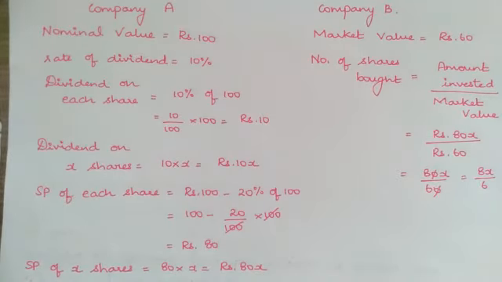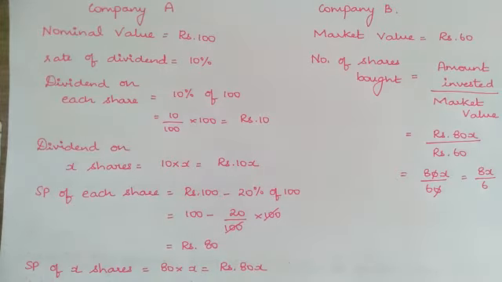Now company B is paying a 20% dividend for each of his shares. As I told you previously, dividend will always be calculated on the face value, that is, completely on the nominal value of his share.